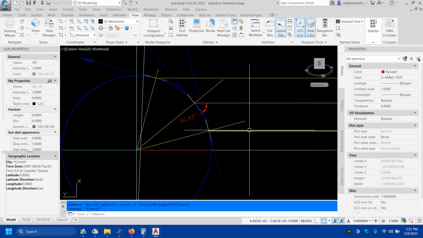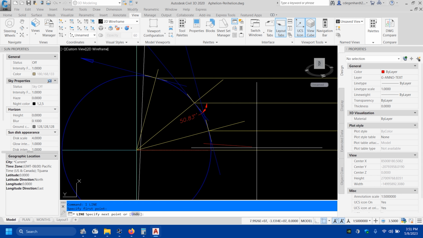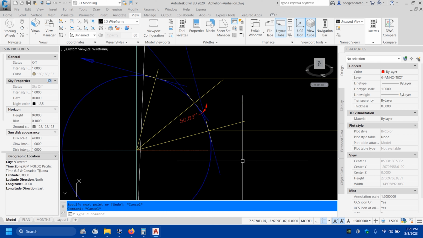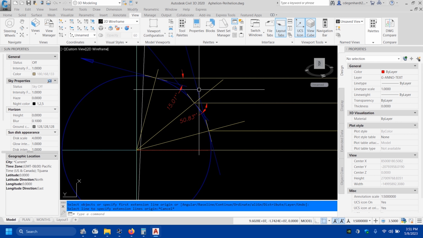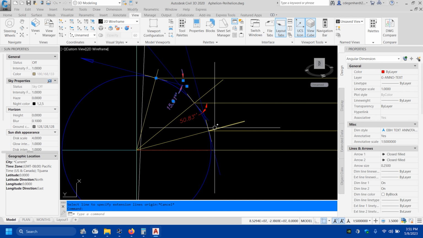So the narrower these two lines are, the greater the sun is over the top of you. Okay, so dimension, angle, so 15.01.